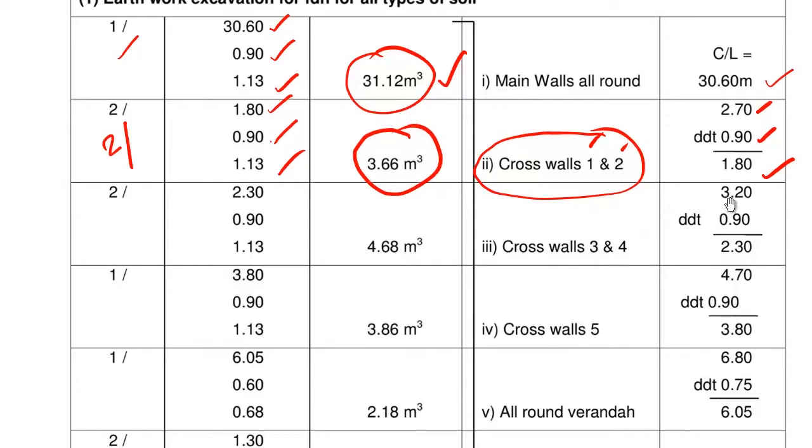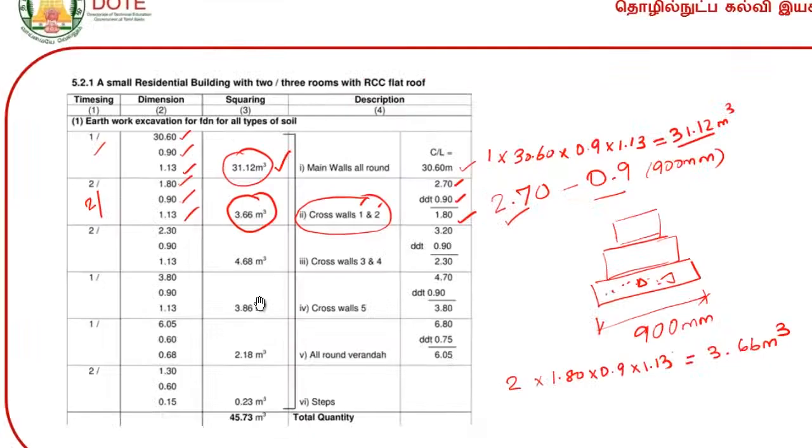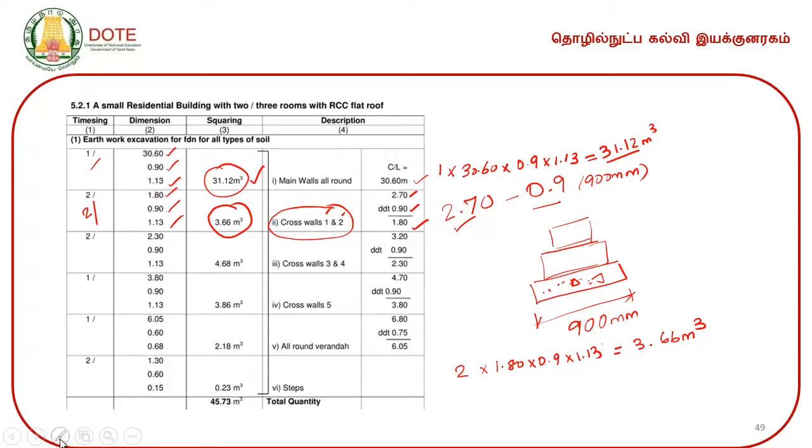The center to center length of cross wall 3 and 4 is 3.20 meter.